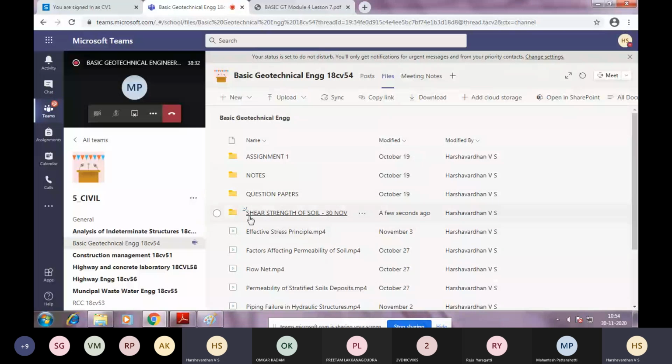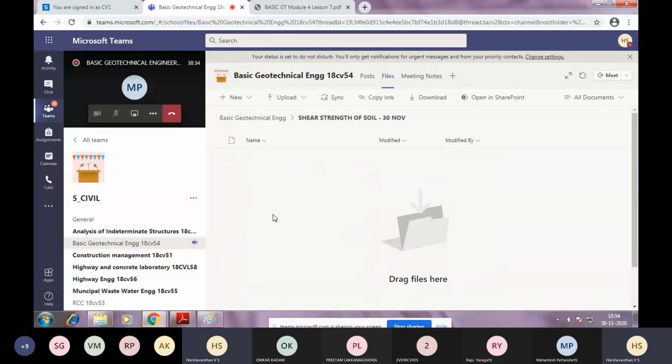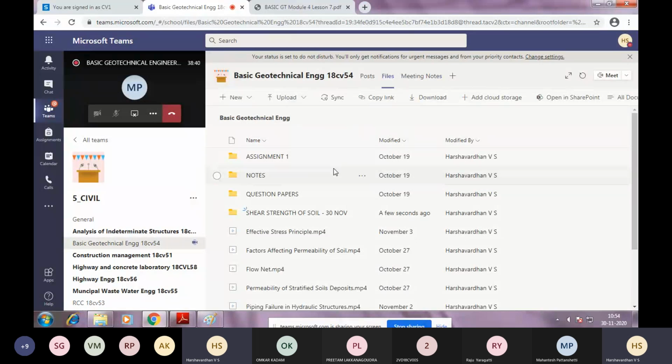I'm creating this folder here, so you can upload. You can just scan, make a PDF and upload in this folder.